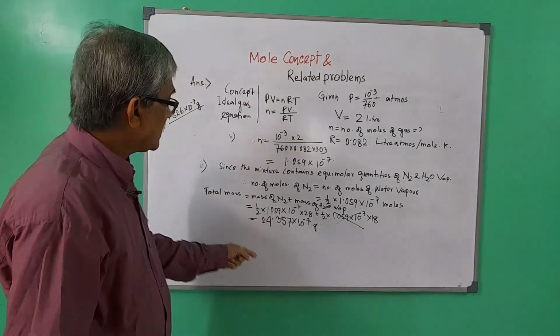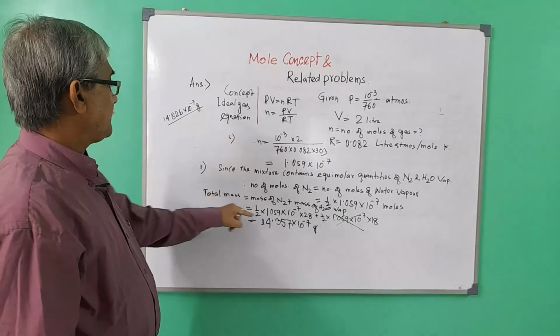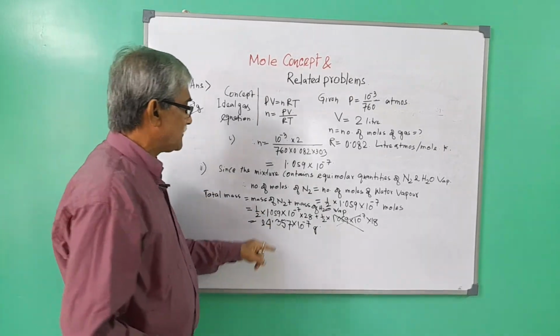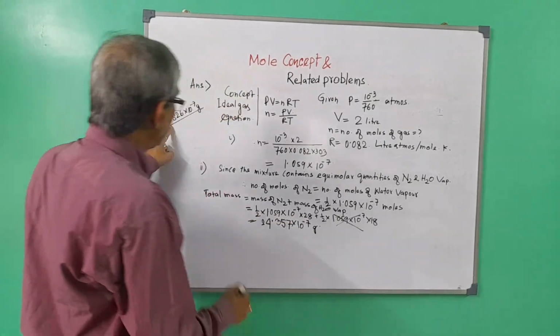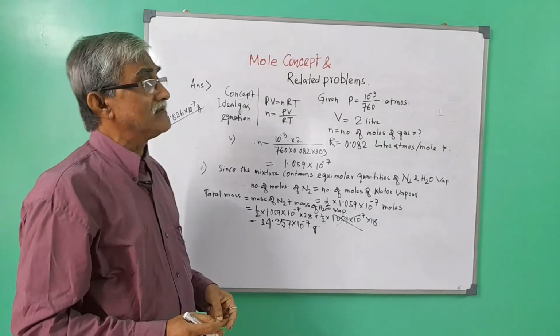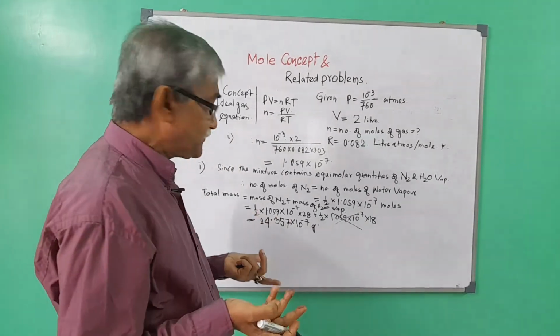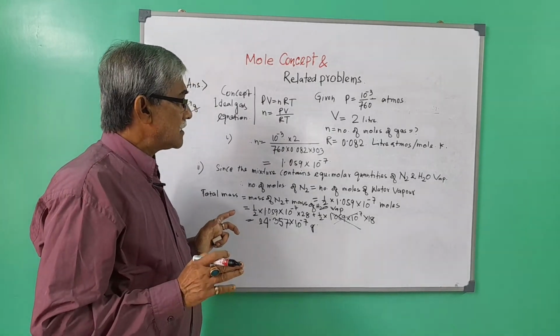Only the mass of the nitrogen remains, that is 1 by 2 into 1.059 into 10 to the power minus 7 into 28, which equals 14.826 into 10 to the power minus 7 gram. So at minus 50 degrees Celsius, this will be the mass of the gaseous mixture, right?